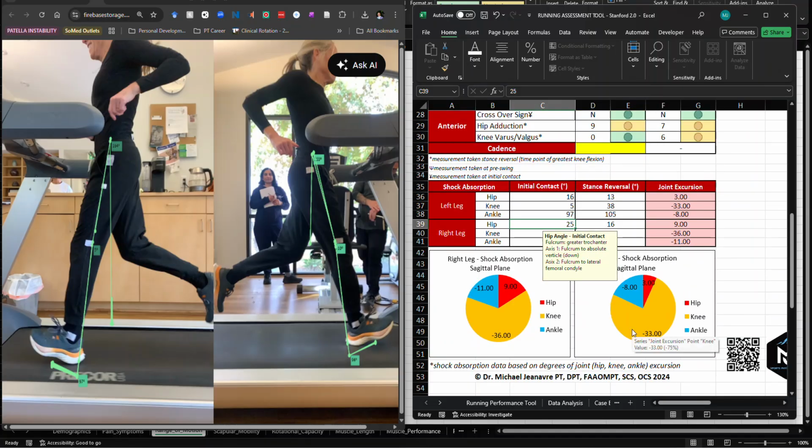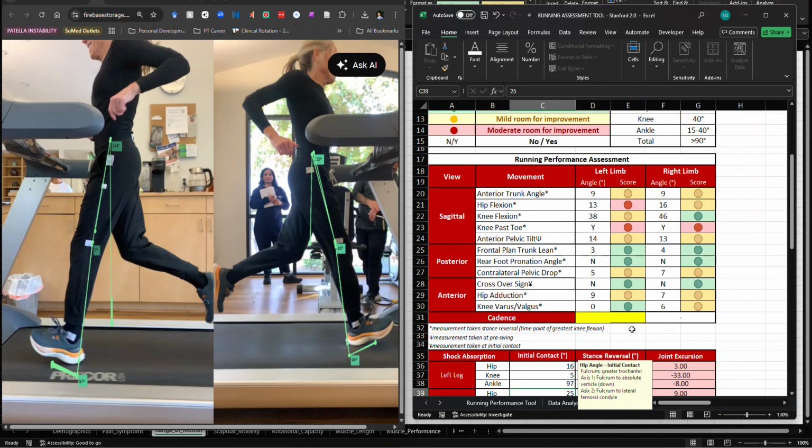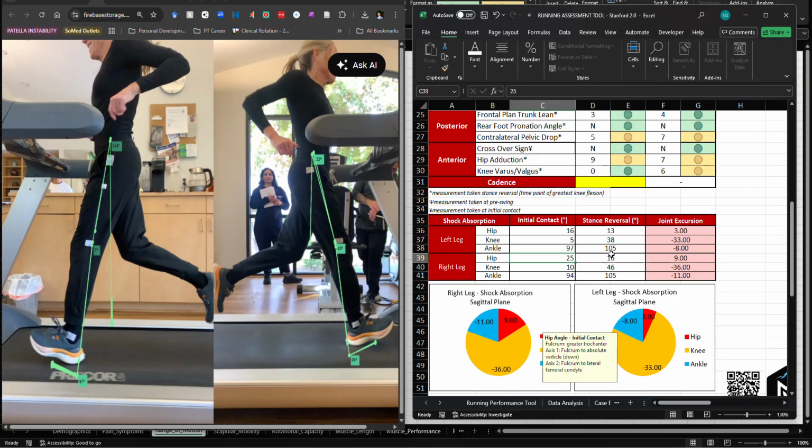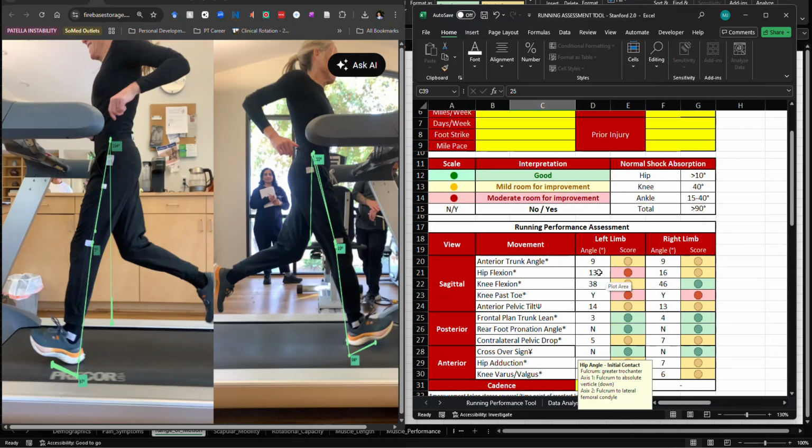So, again, if we're trying to mitigate or change as little as possible, then what we would want to potentially do in this case would be facilitating a little bit more of a trunk lean, which would help facilitate a little bit more trunk flexion, potentially a little bit more knee past toe.